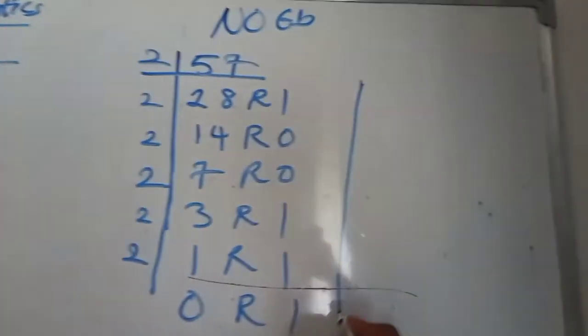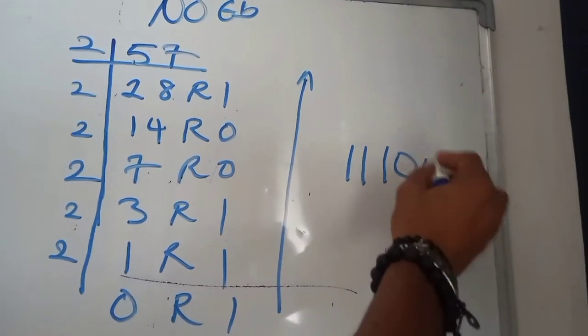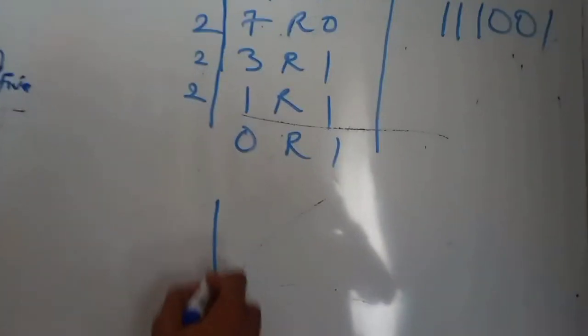We have gotten our binary number here as 111001. Now we apply this to the denominator, which is 64.